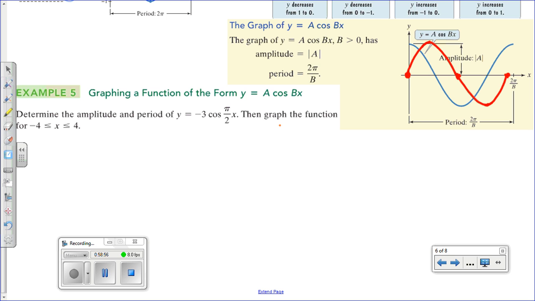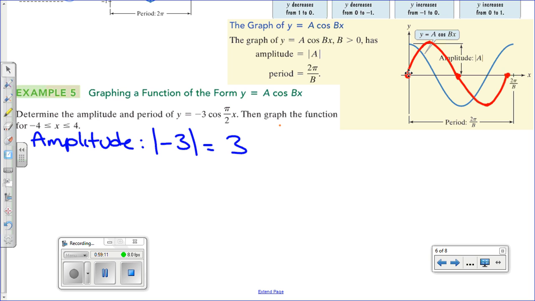Okay? So the key points are now going to be the 3 intercepts and then the max min. In fact, let's talk about amplitude quickly first, since we already know how to get that. The amplitude is the absolute value of -3, which is +3.